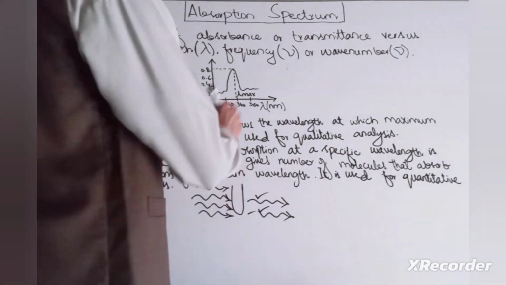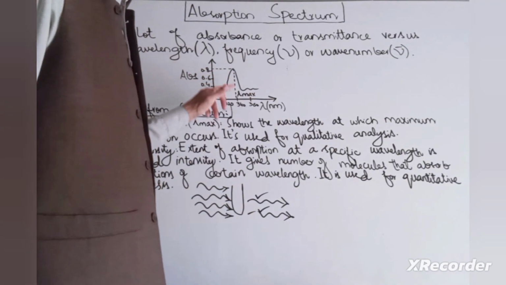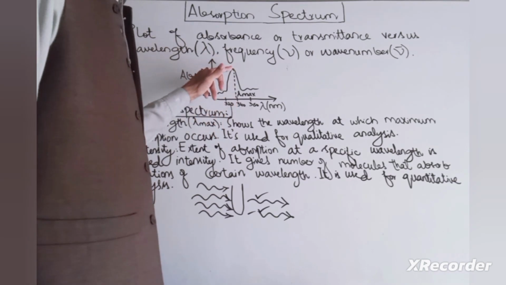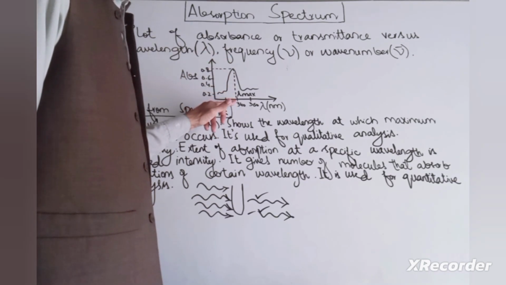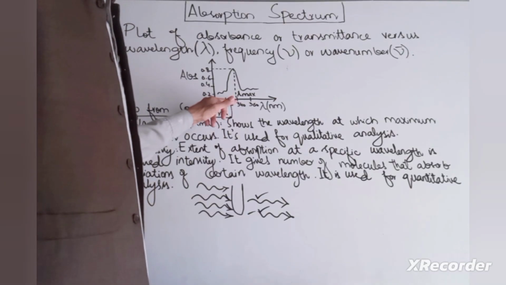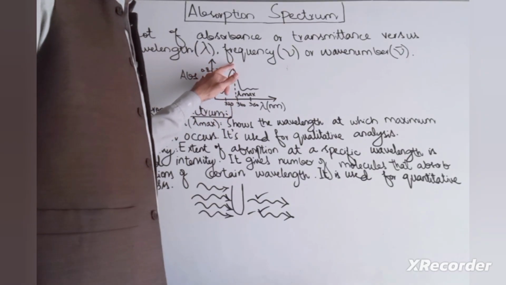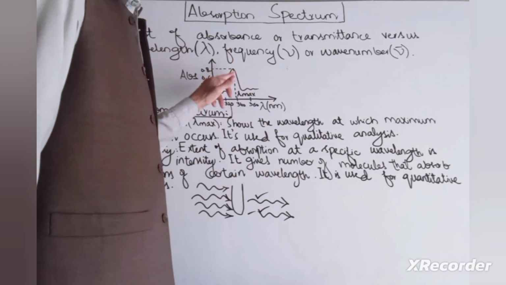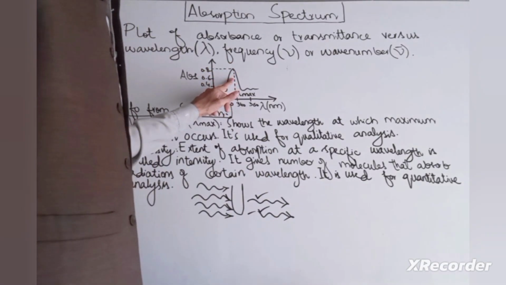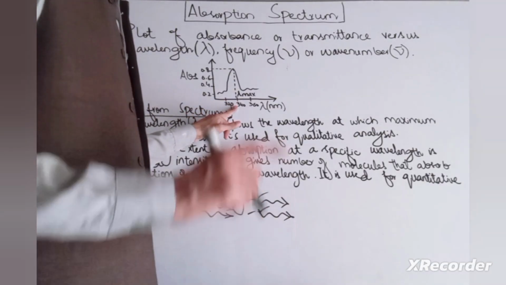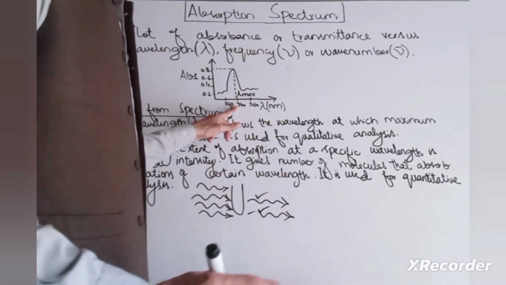So we trace this point back on both axes, x and y. On the x-axis, it shows that at a wavelength of almost 330 nanometer, maximum absorption has occurred, because the height of the peak shows the point where maximum absorption has occurred.